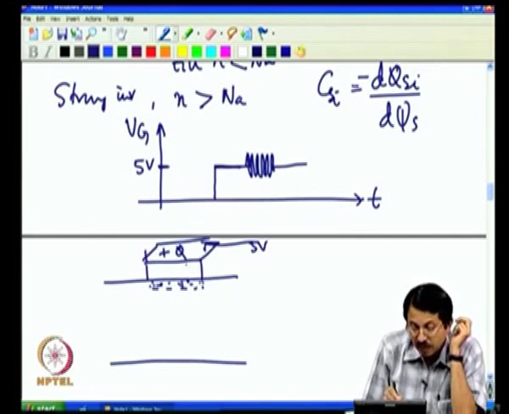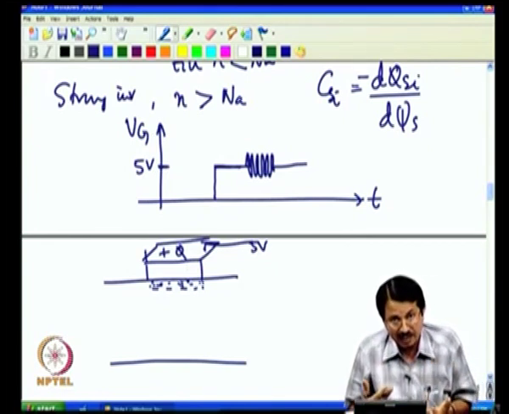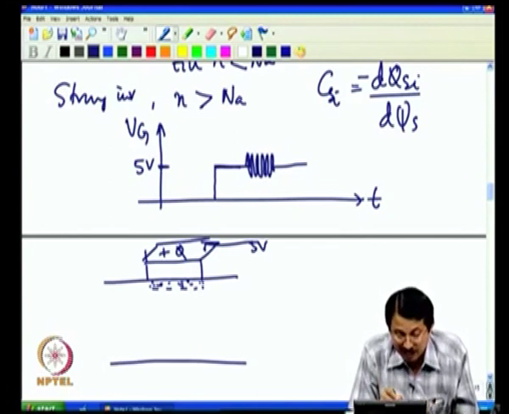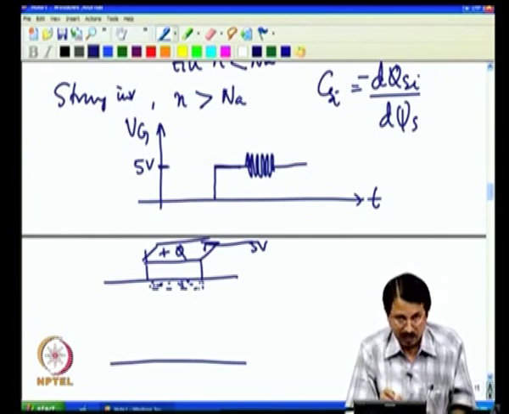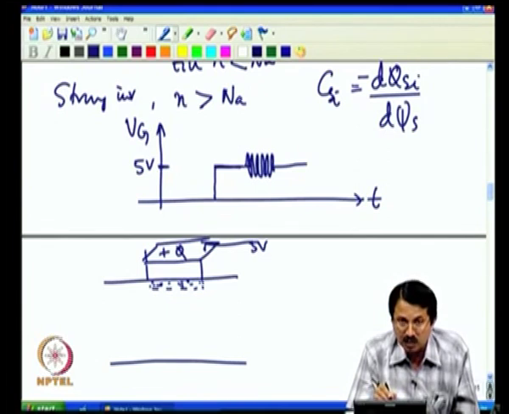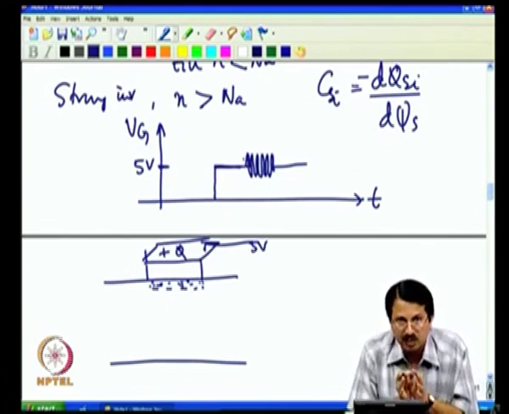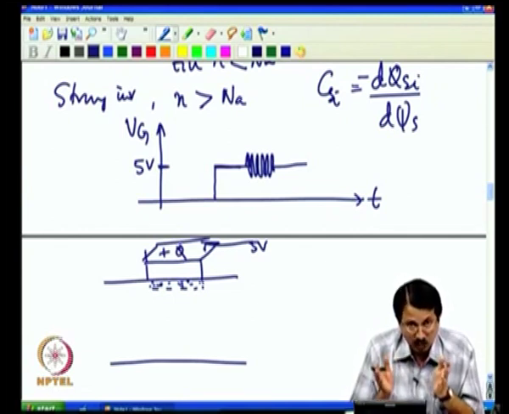Now, if I need extra electrons, they need to be generated. Only when there is a charge compensation by these electrons, the silicon capacitance is very large. Okay. But when I change this charge, what is the meaning of more positive voltage? Instantaneously I have dumped more positive charge on the gate. Capacitance charge balance has to happen.